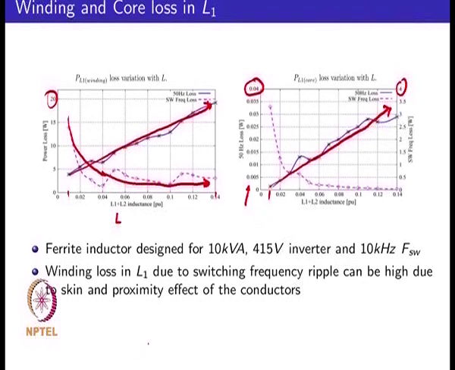You can see that in this particular example, even though the trend can be seen from the curve, the actual value of the loss has an up and down characteristic. This is because each of these points corresponds to a different inductor design. So L being 1 per unit would correspond to one particular inductor, L being 0.2 or 0.3 or 0.4, they are different inductors.